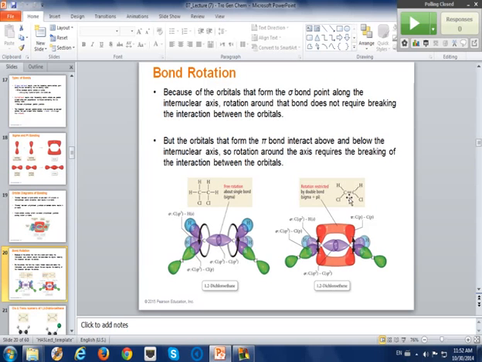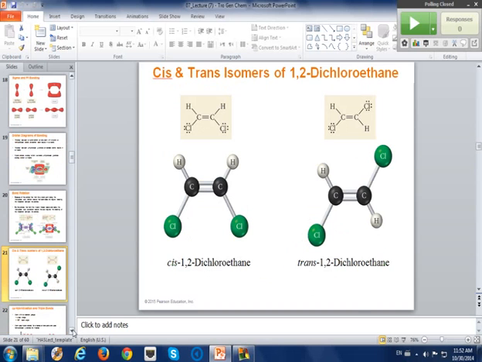But the carbon-carbon double bond sort of freezes the molecule into two possible relative forms. One form where the chlorines are on the same side of the double bond, and another form of this molecule called an isomer, where the chlorines are on opposite sides.